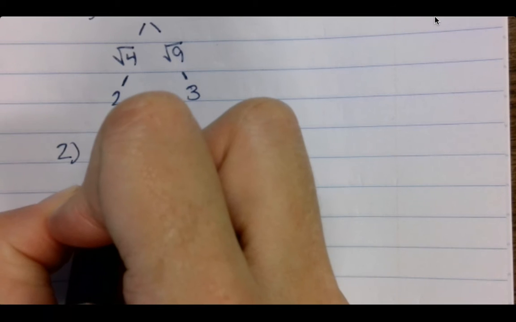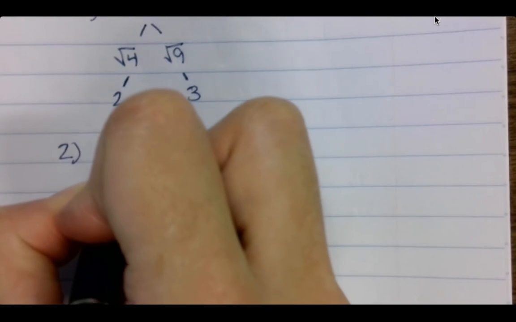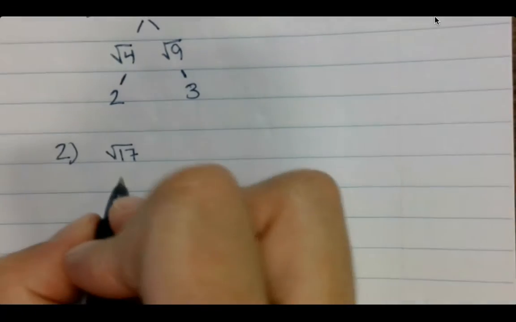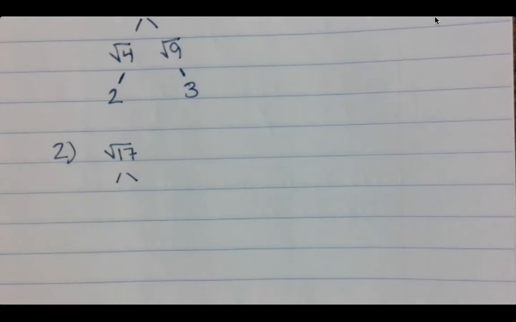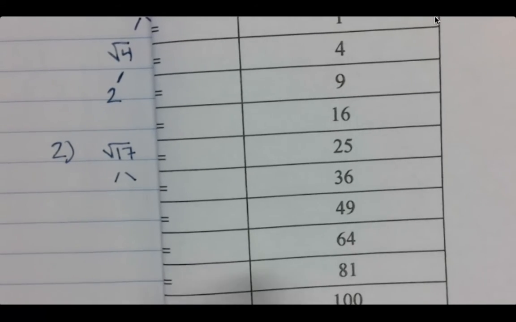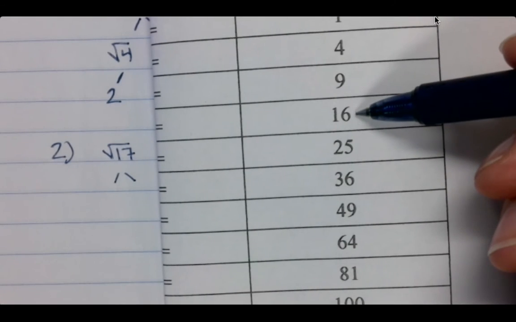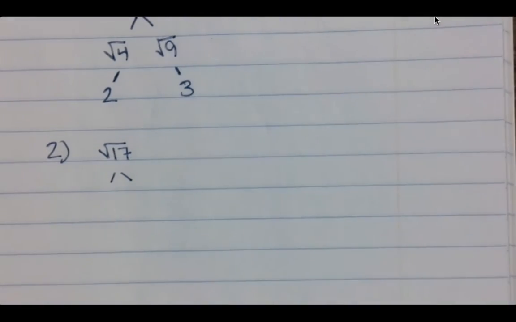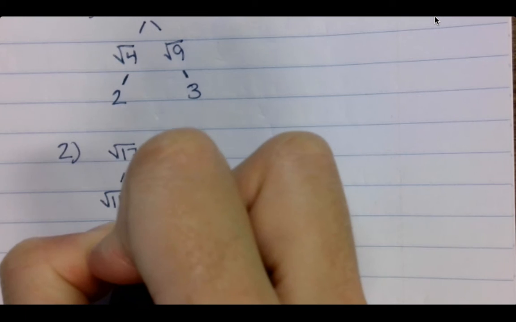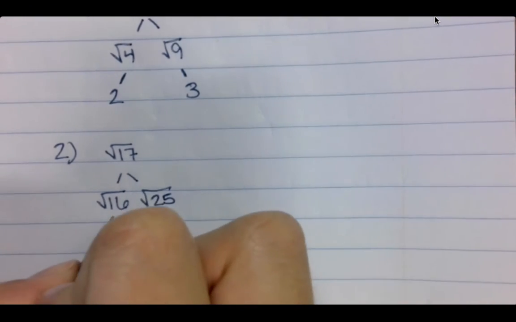Example number 2, the square root of 17. So again, look on your list. Where does that fall between? 16 and 25.